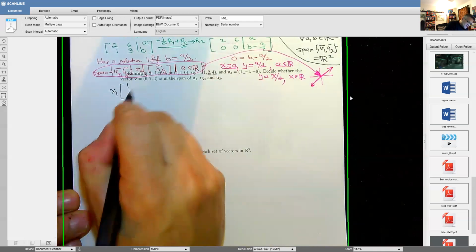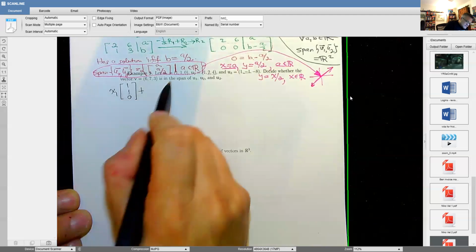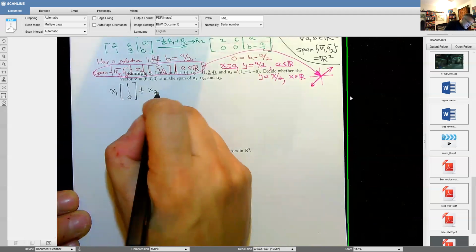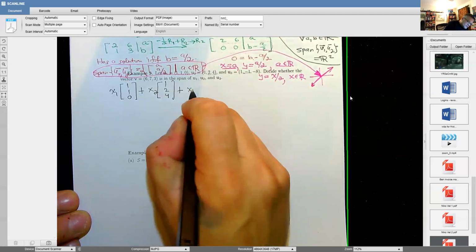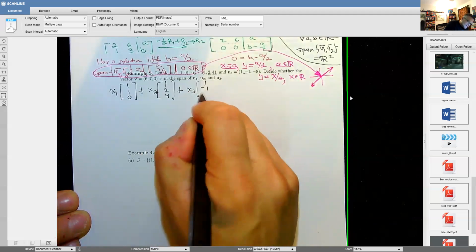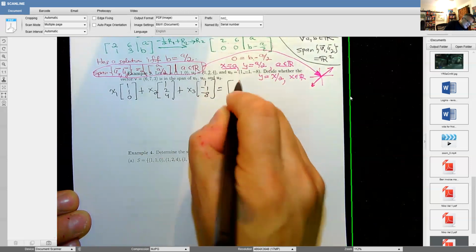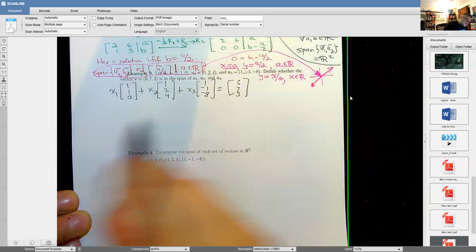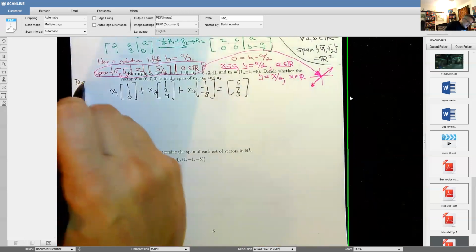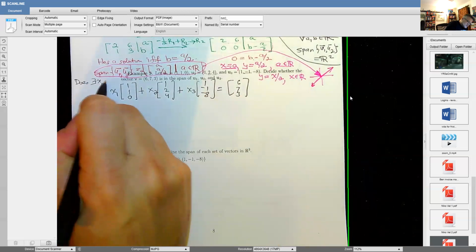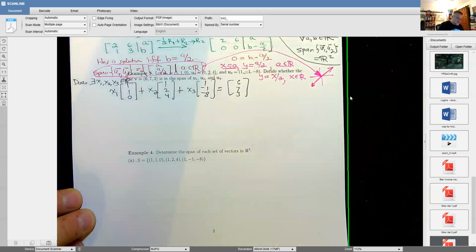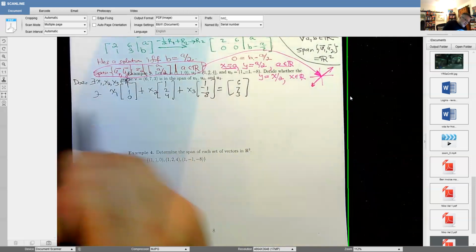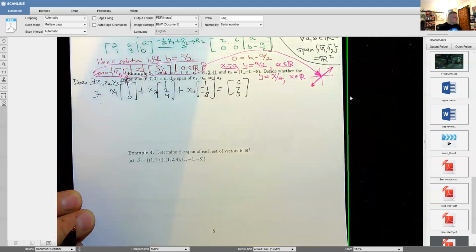Remember how we can go back and forth. x1 times u1 plus x2 times u2 plus x3 times u3, and that's equal to (6, 7, 3), right? So do there exist scalars x1, x2, and x3 in R such that that has a solution?